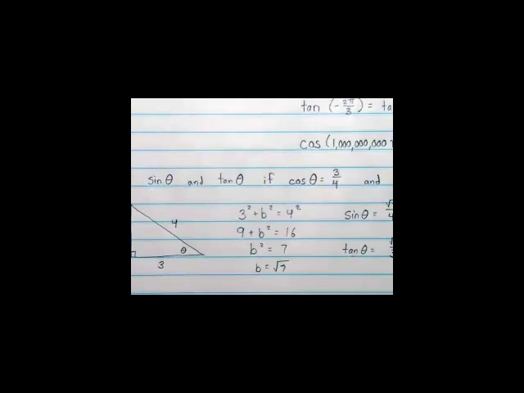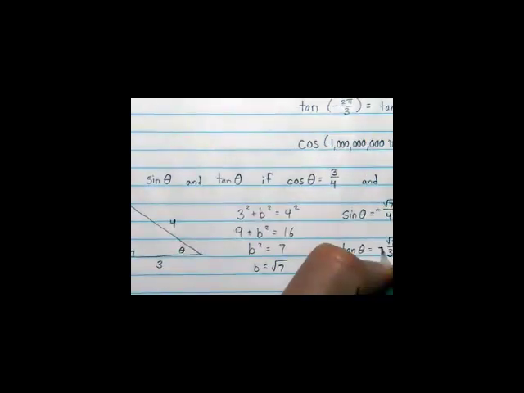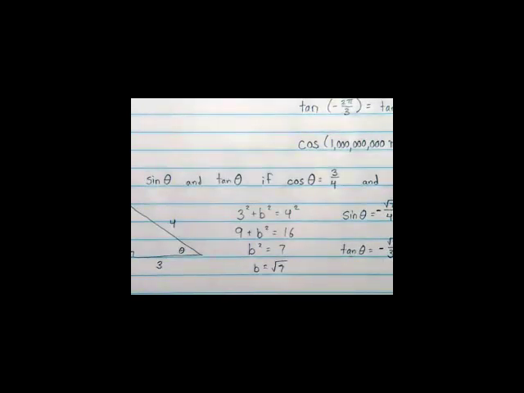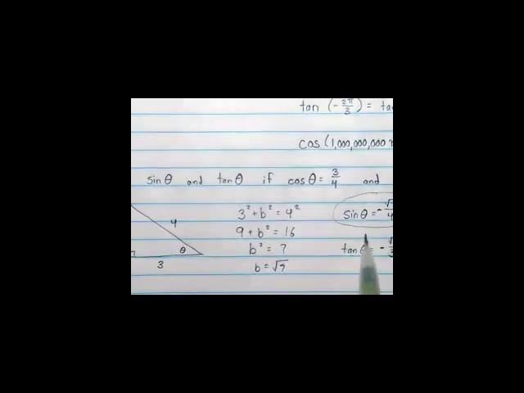So in the fourth quadrant, is the sine positive or negative? It's negative. Okay? So I got negative. And in the fourth quadrant, is the tangent positive or negative? Negative, again, because the sine and the cosine have opposite signs there. So I got to change that to negative as well. Okay, so technically, to fit this description, the sine of theta would have to be negative root 7 over 4, and the tangent would have to be negative root 7 over 3.